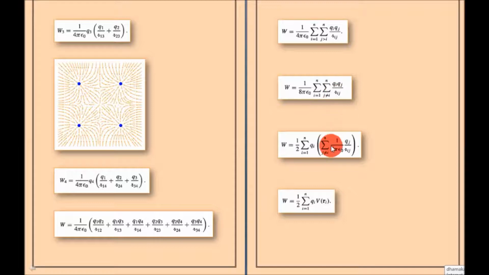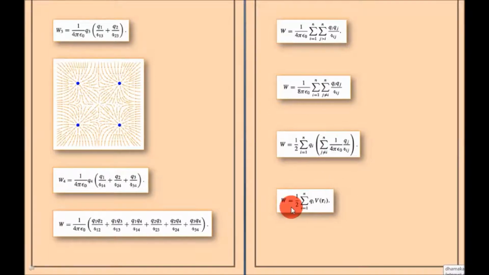Next, you pull out the factor Qi. The term in this parenthesis is the potential at point R1 due to all other charges. And finally, we arrive at the formula for calculating the work required in assembling n number of charges.